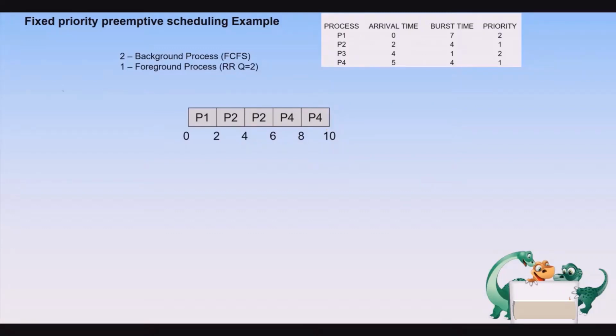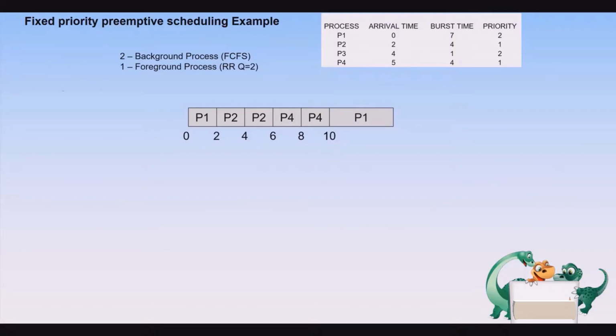So we were able to execute the foreground processes after 10 milliseconds. Alright? So after 10 milliseconds, we have 2 more processes on the queue. And that was process 1 and process 3, which are the second priority or background processes here. Okay, so the background processes, based on the given, should use first come first serve. So next P1 will be executed because it came in first.